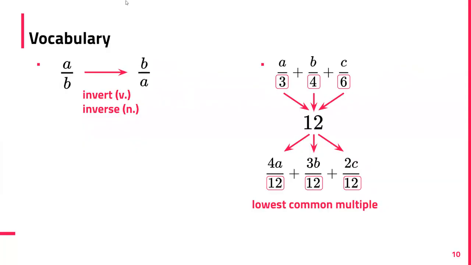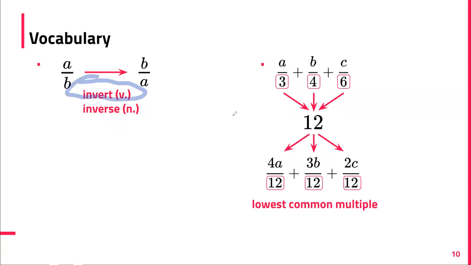All right, last time, some vocabulary that we talked about. I didn't really highlight this, but I'll mention it again. Invert, so just flip something upside down. Specifically in the math world, we're talking about a fraction, so flipping the top and bottom of a fraction, and inverse is the noun version of that word.